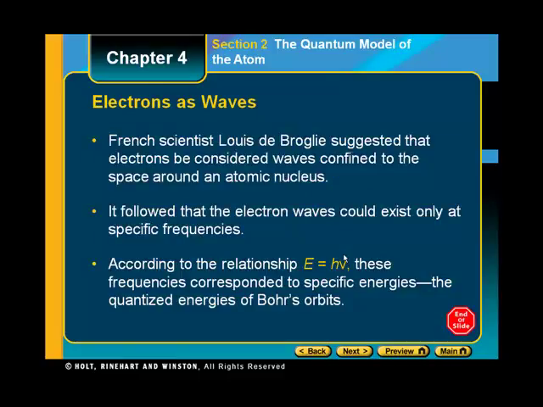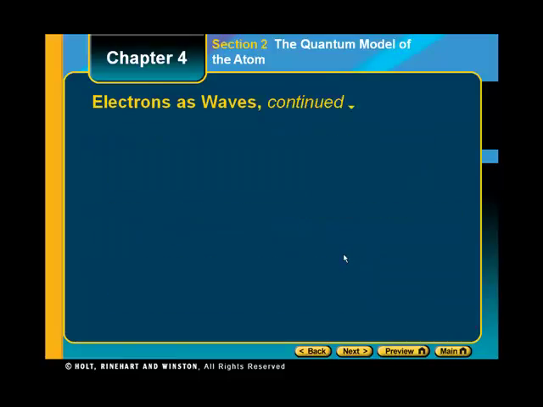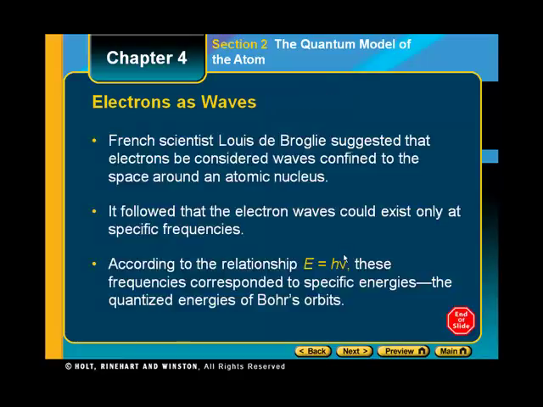So the fact that electrons behave like waves also helped this out. This French scientist, Louis de Broglie, suggested that electrons could be considered waves.